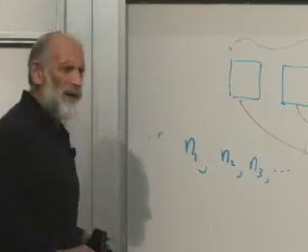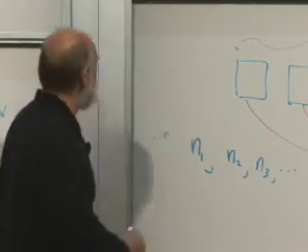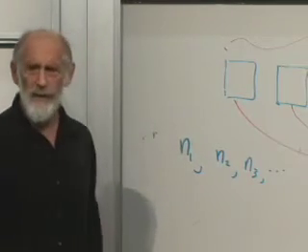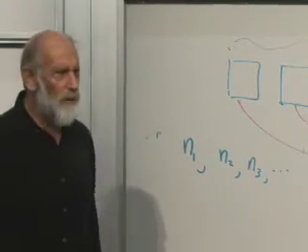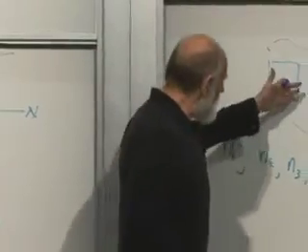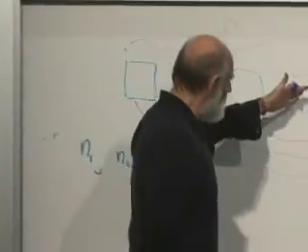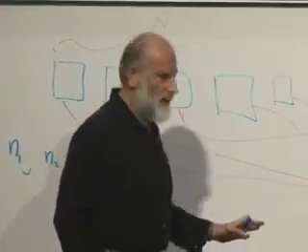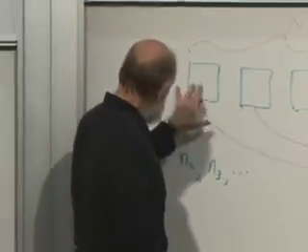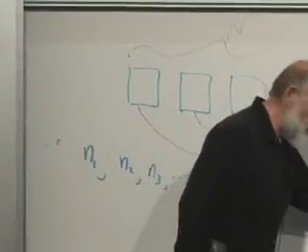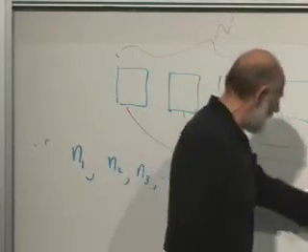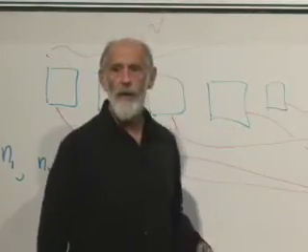What shall we call this thing? I don't remember, did I give it a name in the notes? The number of ways of distributing a state to each box such that there are n1 boxes in state number 1, n2 boxes in state number 2, and so forth and so on.